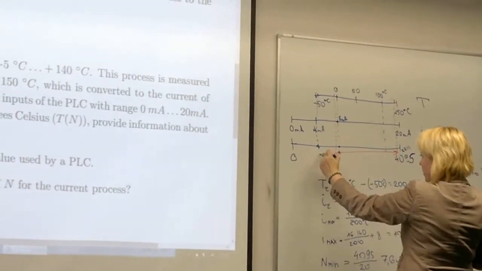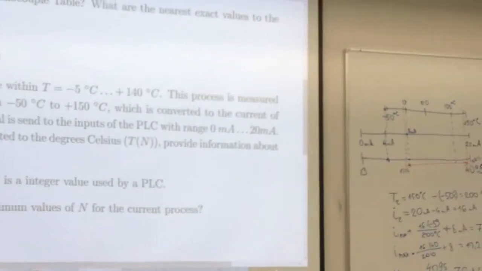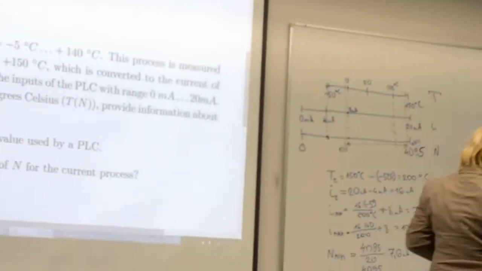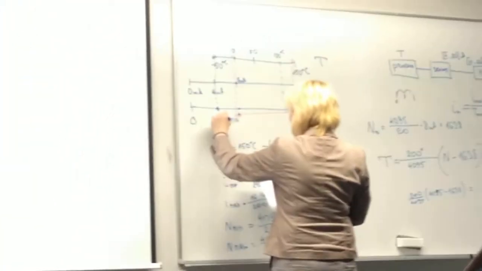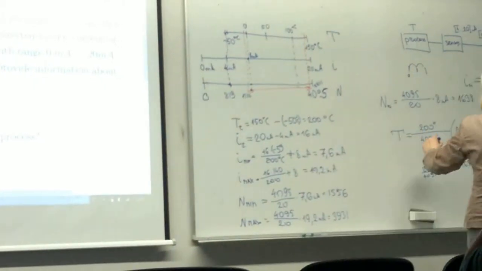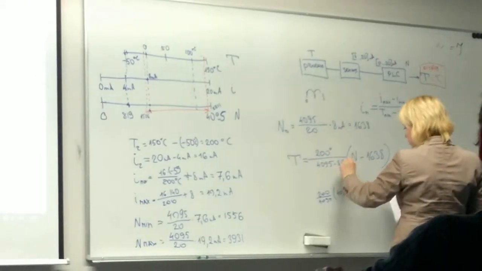It will be from this initial value, minus this 819.